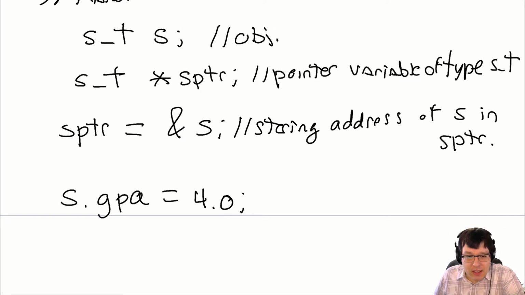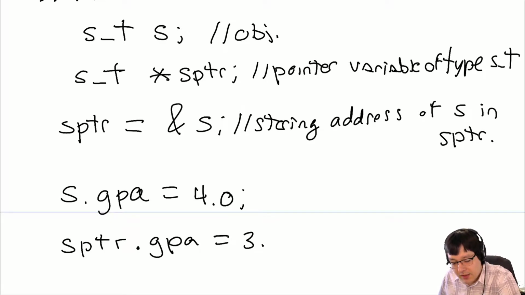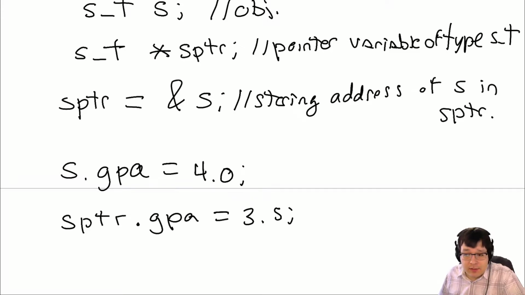So how do we do that with the pointer? You might be inclined to think that all you have to do is just replace the word s with sptr and then just use the dot on the gpa. Suppose you wanted to say, nah, you're not getting that GPA, you're getting 3.5. So you might be inclined to think that this is enough, but this will not work. The dot member access operator is going to try to think of this as a regular object, but it's not a regular object, it's a pointer.